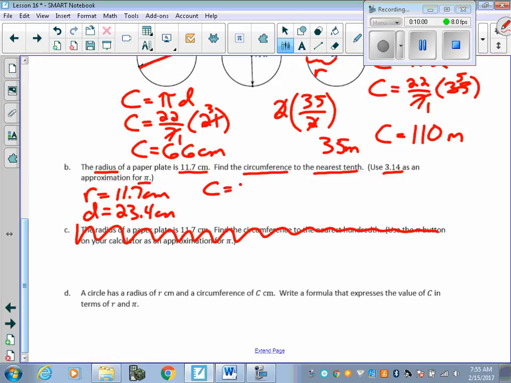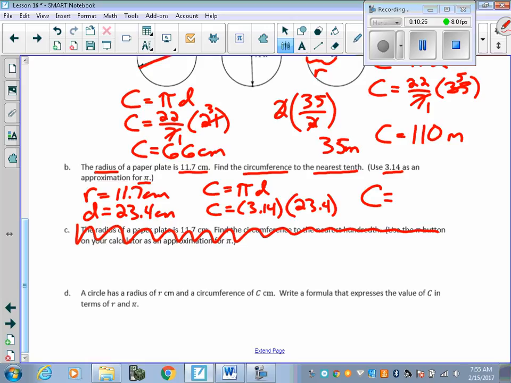So C equals pi d. Plug in what you know. You've got to find circumference. Pi is 3.14. That's what they said to use. And the diameter we just figured out was 23 4/10. Now, you should have a calculator, so go ahead and type that in. 3.14 times 23.4.